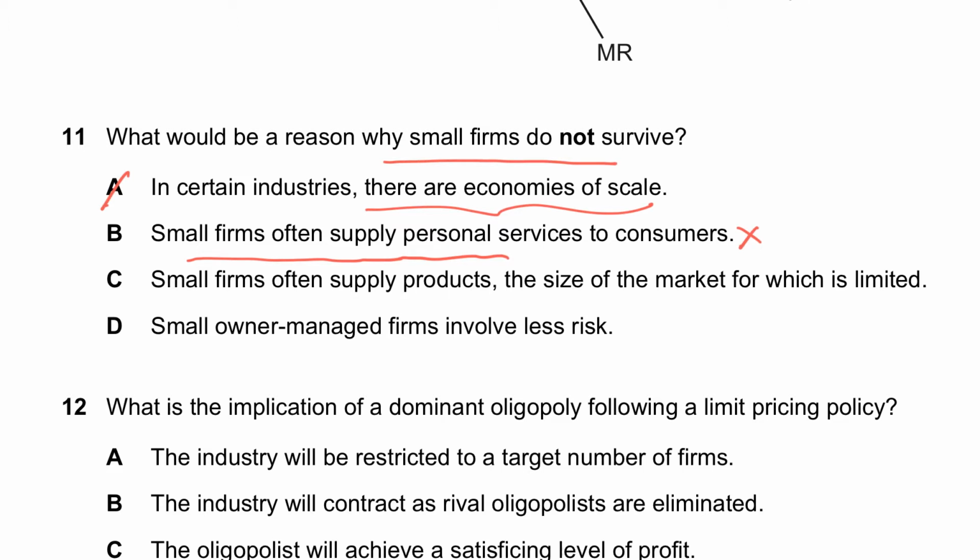And A is the reason why large firms survive, because large firms are the ones which can achieve economies of scale. Small firms also often supply products the size of the market for which is limited, and that's why large firms don't want to enter the market. So C also becomes a reason why small firms survive, and D is also a reason why small firms survive, because sometimes small owner managed firms involve less risk because they're not willing to expand.